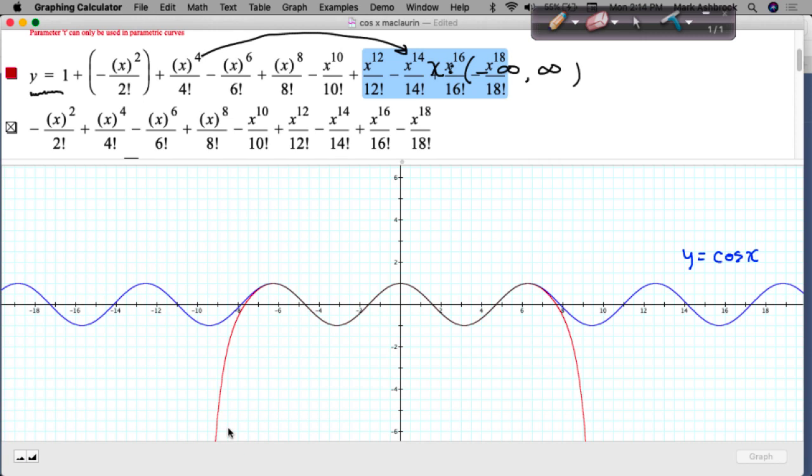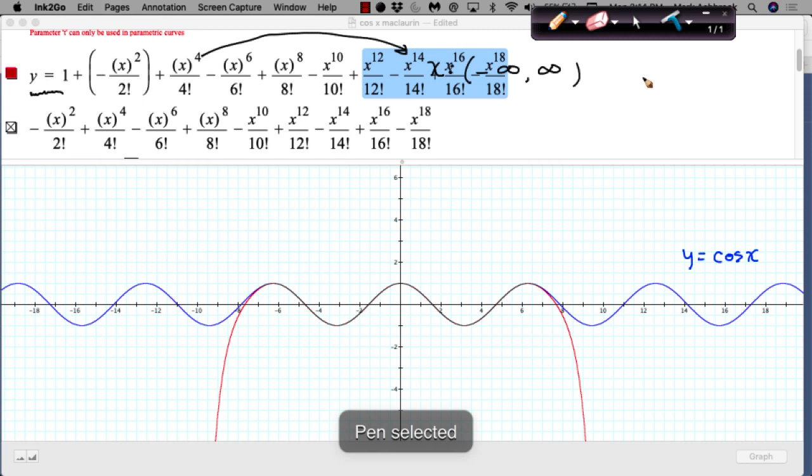All right, so why don't you try? You can work on the Taylor polynomial for ln of 2x, centered at x equals 3.